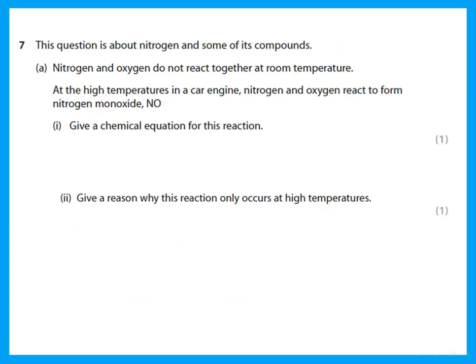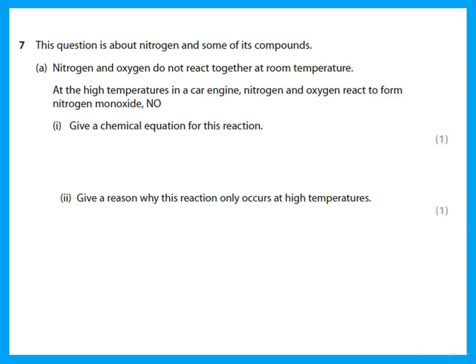Then we're talking about nitrogen and oxygen, and he said nitrogen and oxygen do not react at room temperature. At the high temperatures in a car engine, nitrogen and oxygen react to form nitrogen monoxide. Give a chemical equation. Again, I'm reminding you, give a chemical equation means a symbol equation, not words, and it has to be balanced.